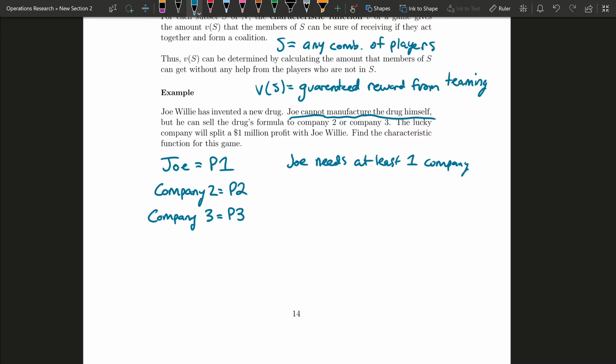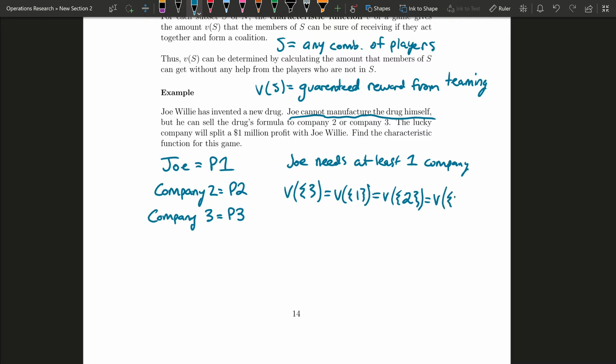So we know that the characteristic function of the empty set, which would just be a team with nobody on it, is going to have a reward of 0, which is going to equal the reward from having just player 1, which is just Joe, which is also going to equal the reward for just player 2, because company 2 can't do anything without the formula.